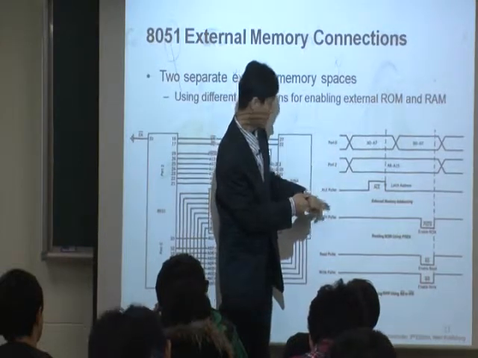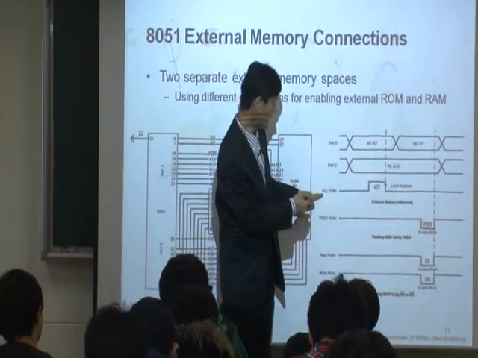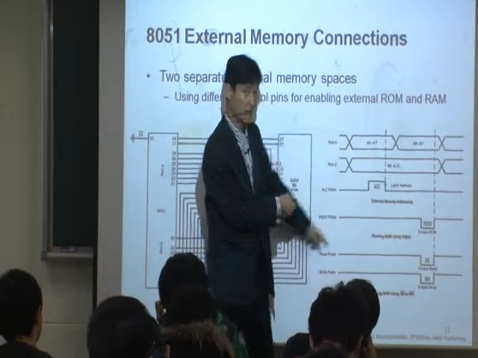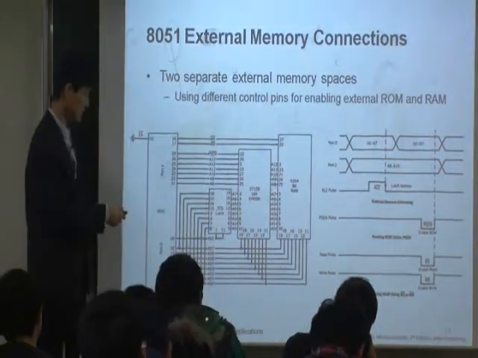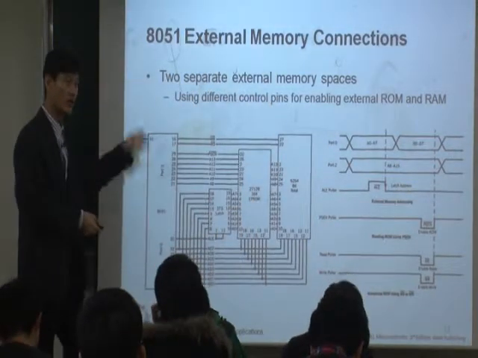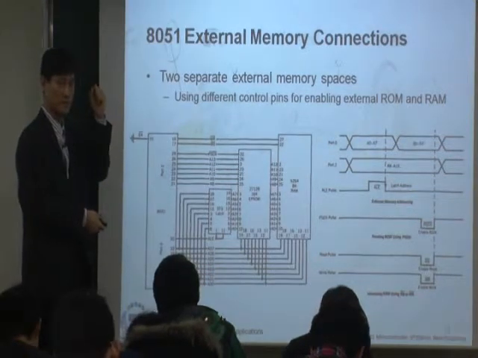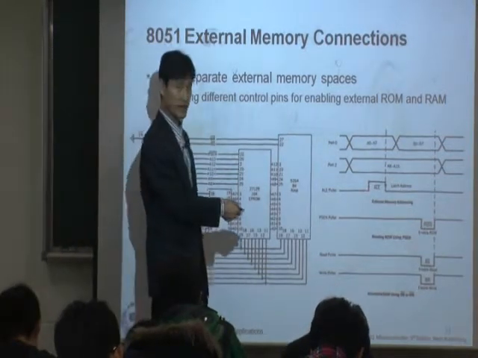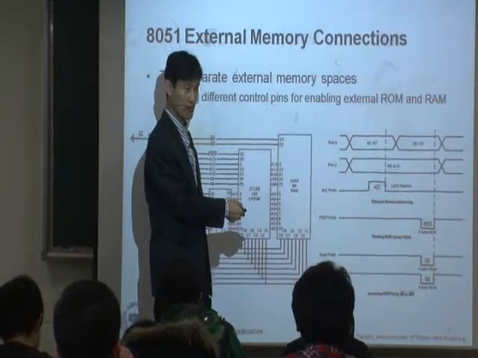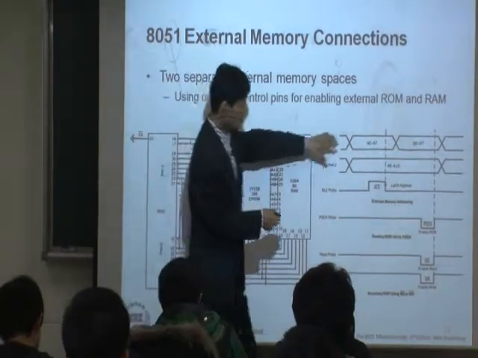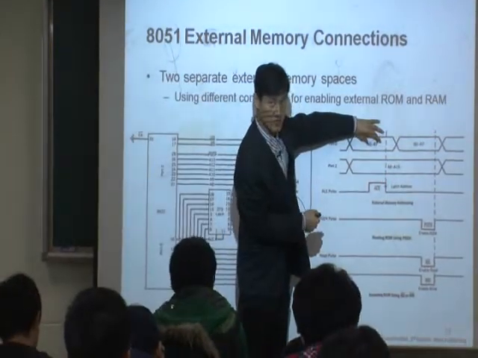At the same time, you want to send out the ALE pulse. What is ALE? That ALE pulse is for the latch. So you turn on the latch at the same time. Why do you want to turn on the latch? Because you want to hold this value in the latch. Okay?